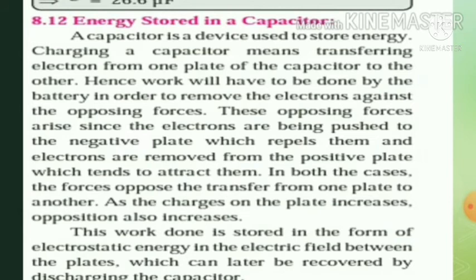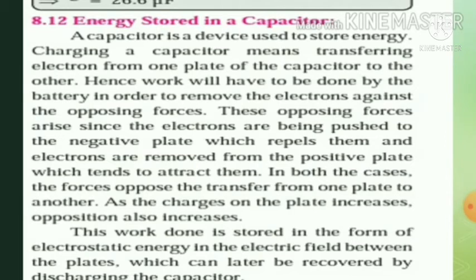Whenever charges are increased by increasing the potential of the power supply, the quantity of charge must increase, so there must be an increase in the opposing forces in the plate.